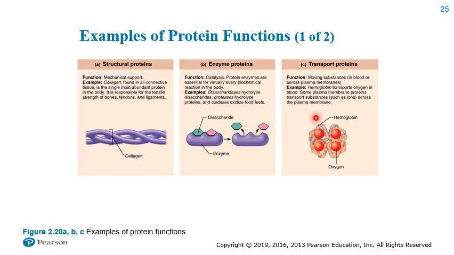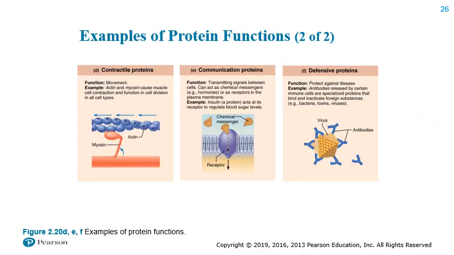And you have also transporters. So in this case would be hemoglobin. So those are also globular, and they're transporting oxygen and a portion of carbon dioxide. You have proteins that contract, so that's important for your muscle fibers, their muscles to contract.